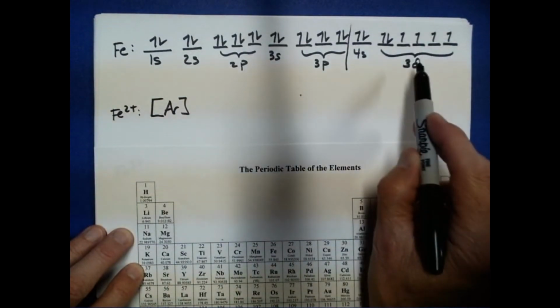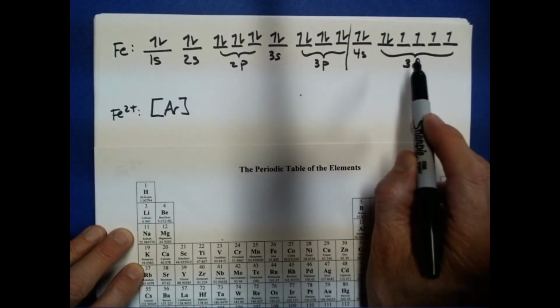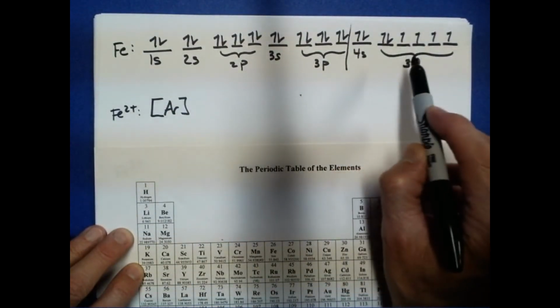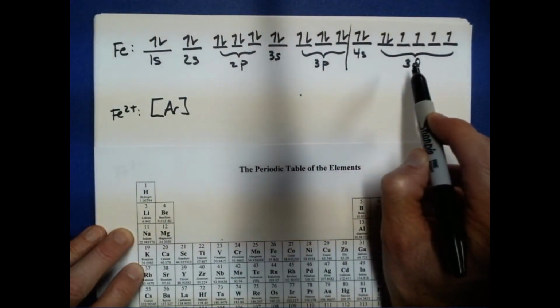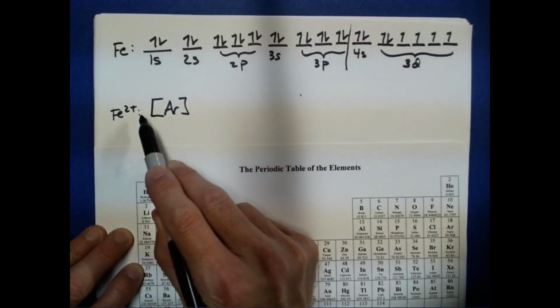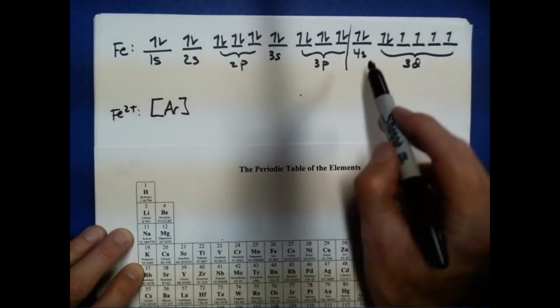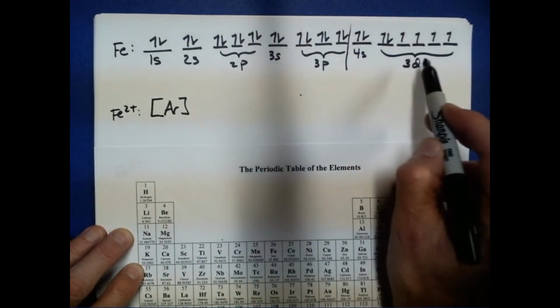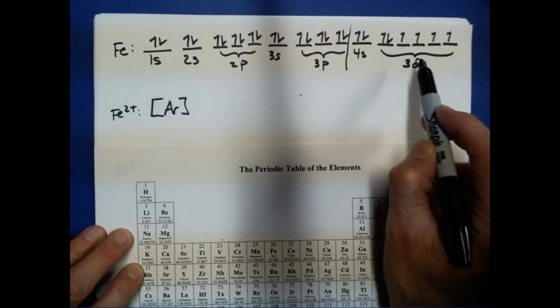And what happens with the transition elements, although we fill the 4s prior to filling the 3d, when we get to the transition elements and we want to make the ions where we're removing electrons, we actually remove electrons from the 4s before we remove them from the 3d.